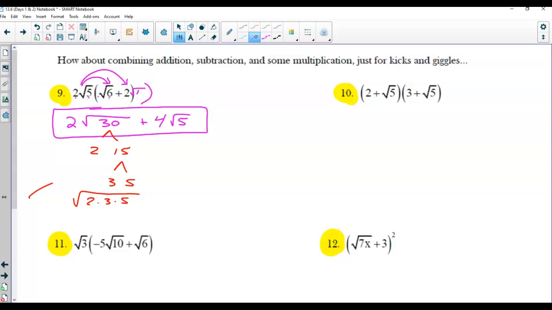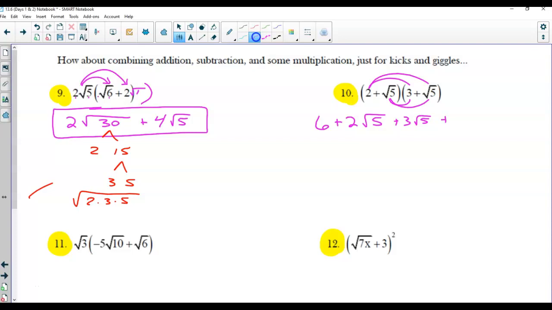Well, number 10. Number 10 is 2 terms times 2 terms. I need to double distribute. That's 6 times 2 times the square root of 5 gives me plus 2 square roots of 5. Then I got to distribute that square root of 5 plus 3 square roots of 5. And the square root of 5 times the square root of 5 gives me a positive square root of 5.